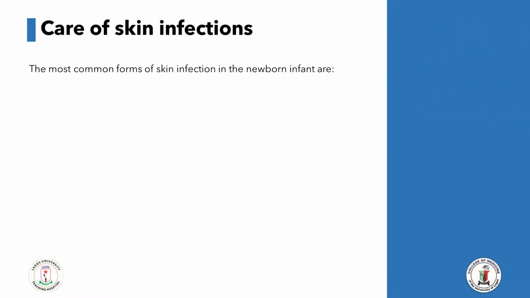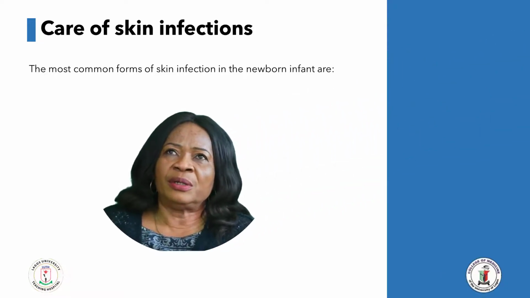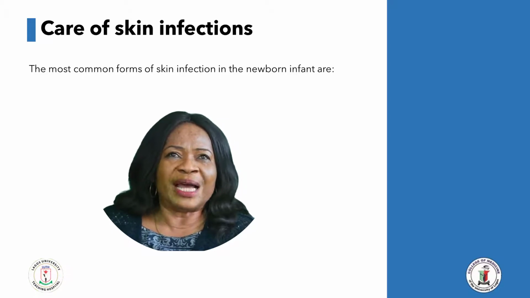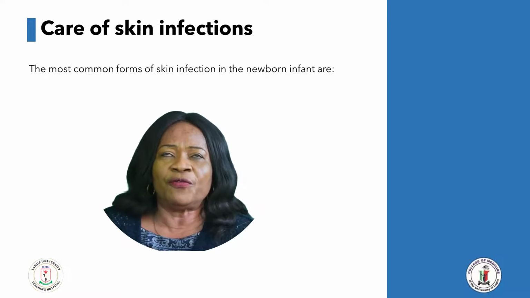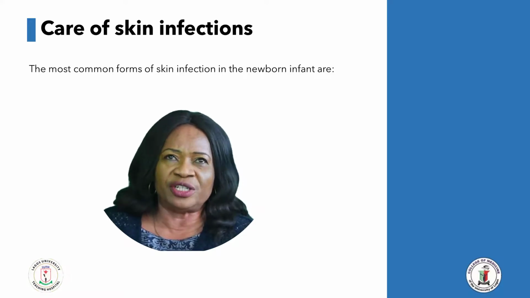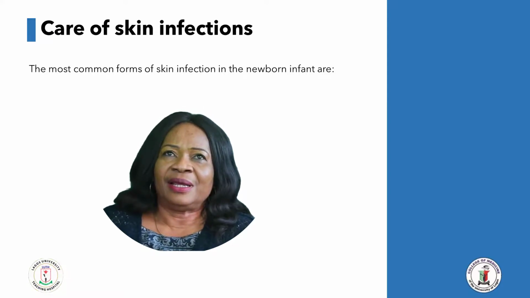Care of skin infection is another thing that is common in the care of newborn at home. And when you go for such home visits or follow-up visits or outreaches, these are kinds of cases that you may see that will call for your attention.